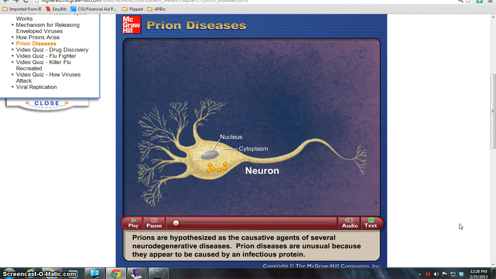Prions are hypothesized as the causative agents of several neurodegenerative diseases. Prion diseases are unusual because they appear to be caused by an infectious protein. The proposed mechanism of the disease is that the infectious protein catalyzes a conformational change in a normal protein so that it becomes the same as the infectious protein.